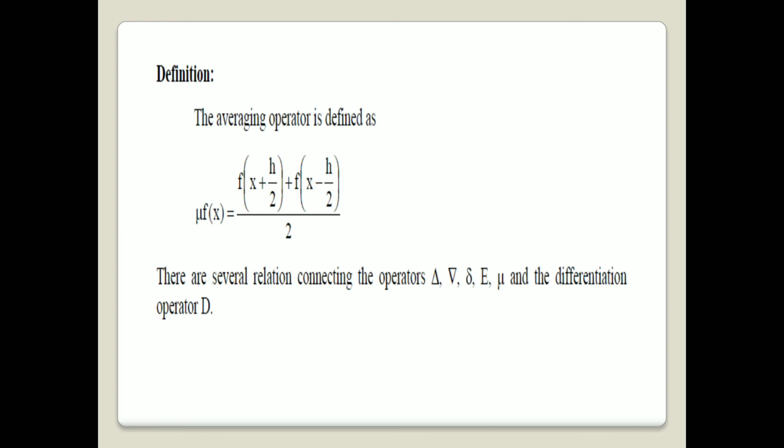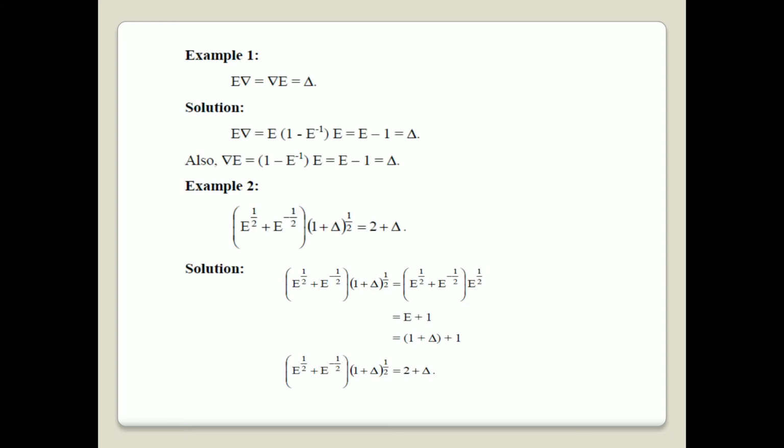In this session we explained the definitions of the shifting operator capital E and the averaging operator mu. In the next session we will discuss the differentiation operator, which is denoted by capital D. Now let's move toward some examples related to the shifting operator and averaging operator.